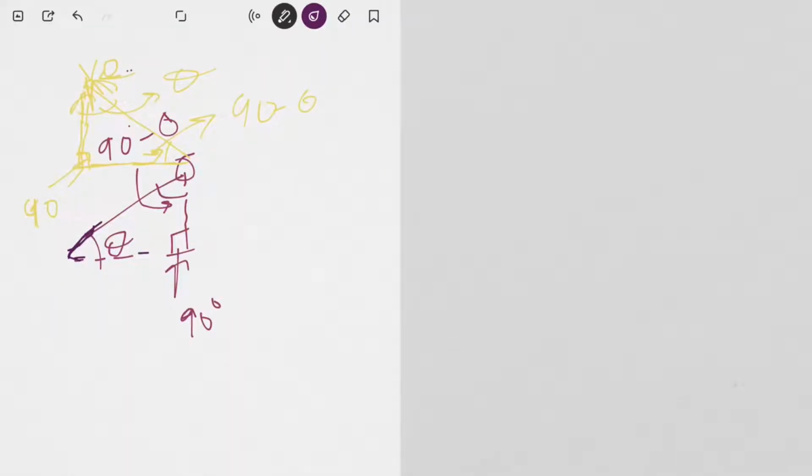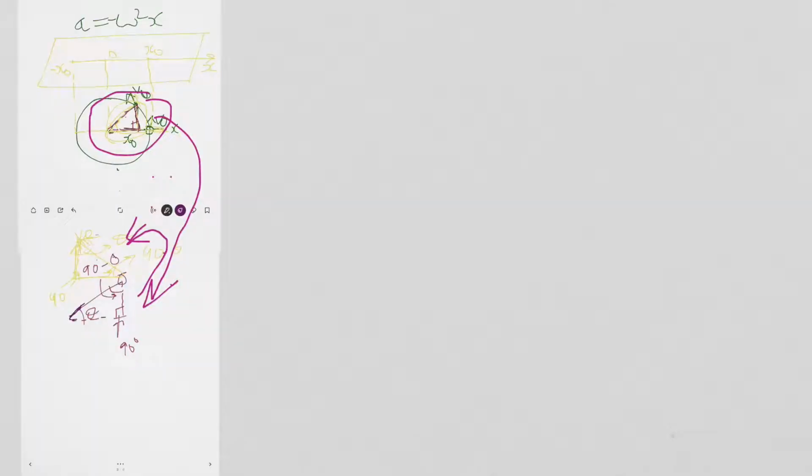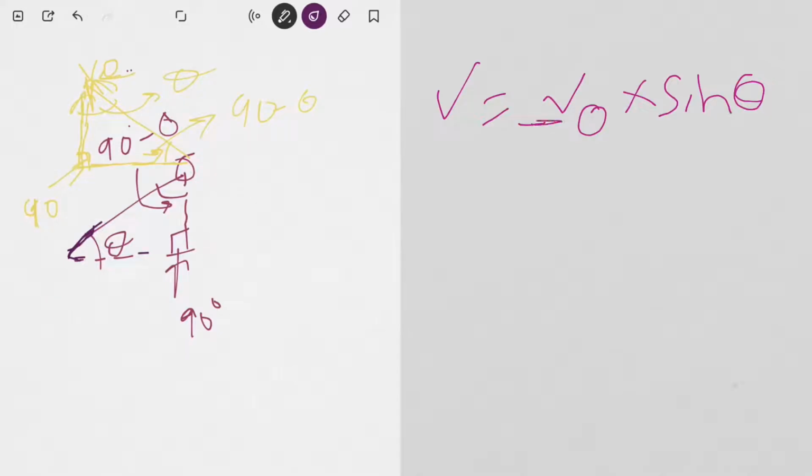In our yellow color triangle, as you can see, velocity will be given by maximum velocity into sine theta, but the sign here will be negative. Why? Because it is pointing towards the left side. So that's why we have written minus here; you should remember it should be minus.